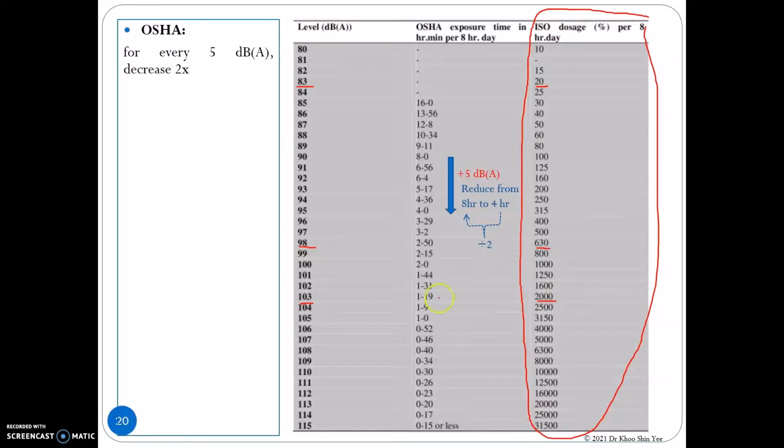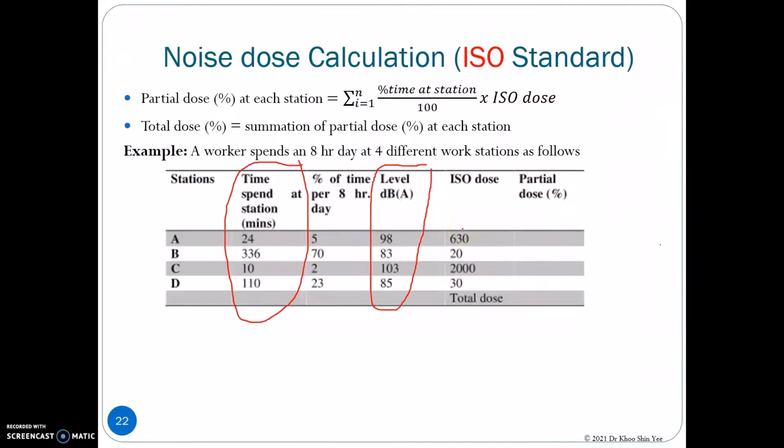And 85 dBA is equal to 30%. By referring to the previous table, you should obtain the ISO dosage corresponding to the dBA value here. Bear in mind the ISO dosage here is in percentage for 8 hours per day.